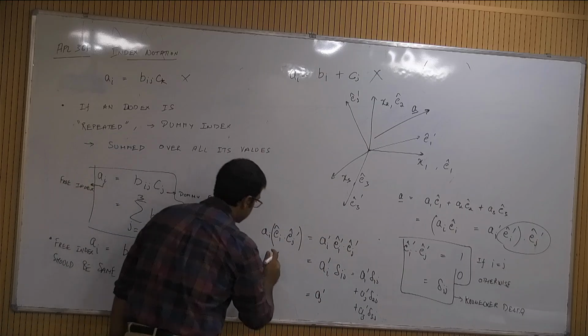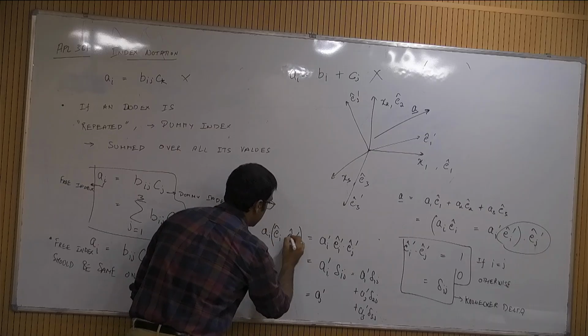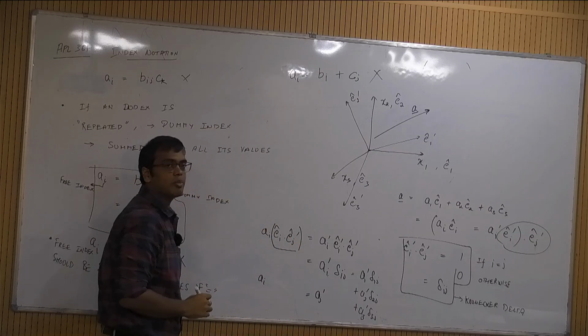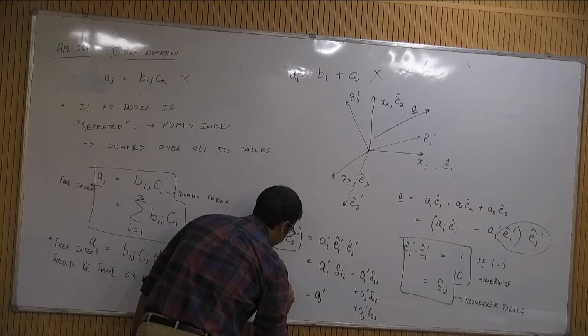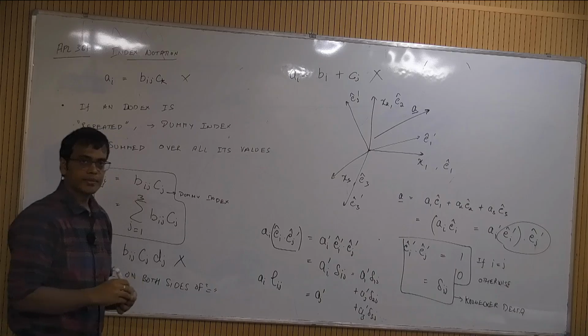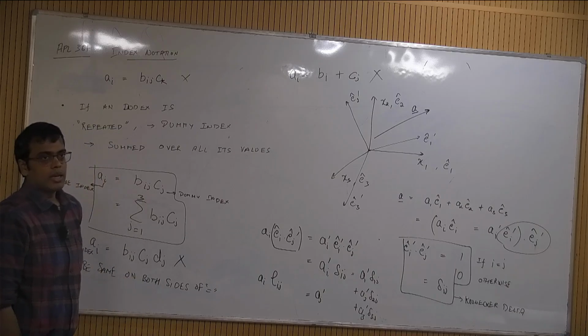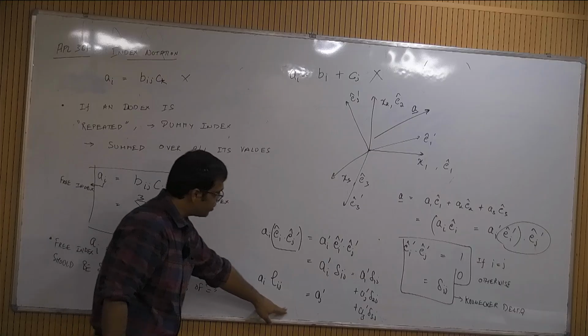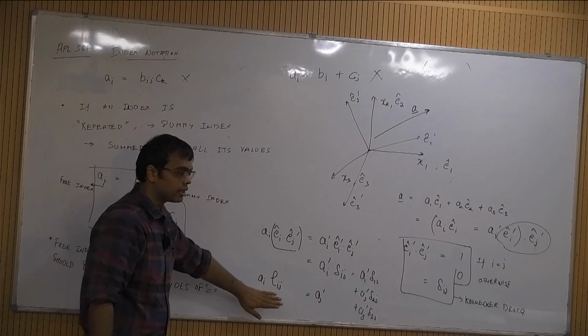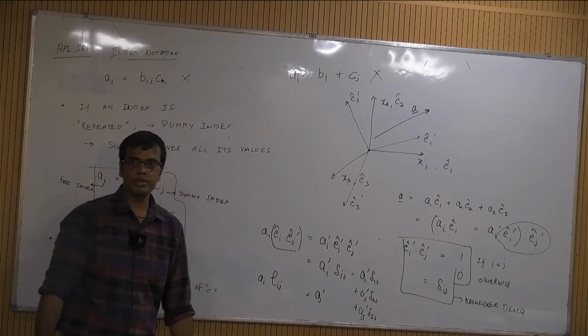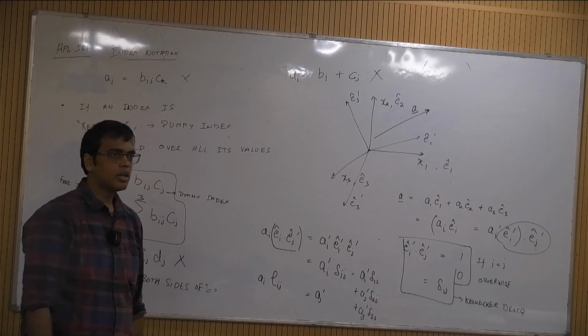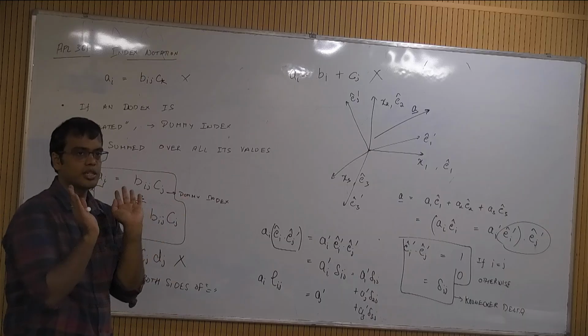okay. And this is A i times, let us write this e i dot e j prime as L ij. Now, you see how many scalar equations I have written here? 3 scalar equations in just this much space.